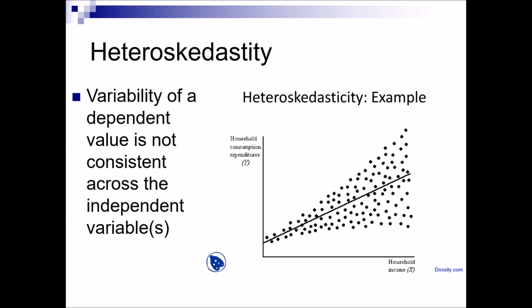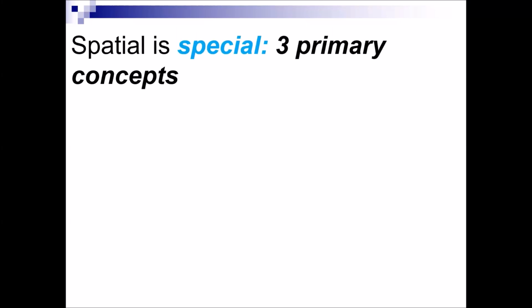You can see people who have high household income but also save a lot of money, where others up here spend a lot of money. Some of this depends on the nature of the data, but the variability of the data is not going to be consistent. So we call this heteroscedasticity.